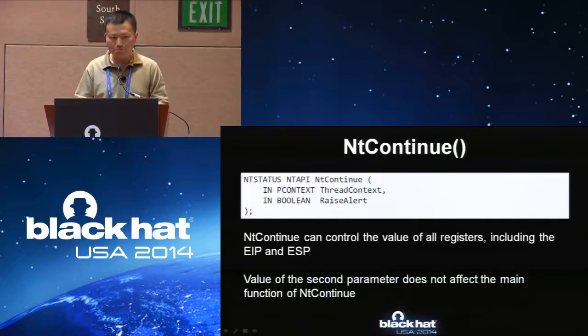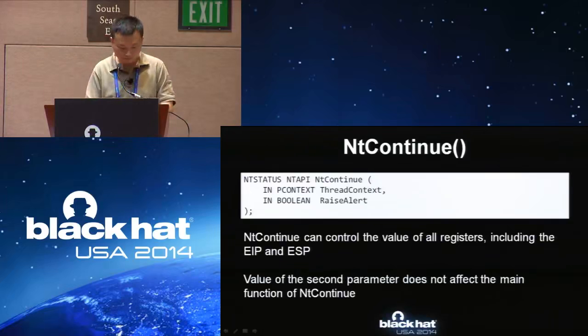You can just set any value, or you can just ignore it. We just need to set the first parameter. Yeah, we just need to set this. This is not important.